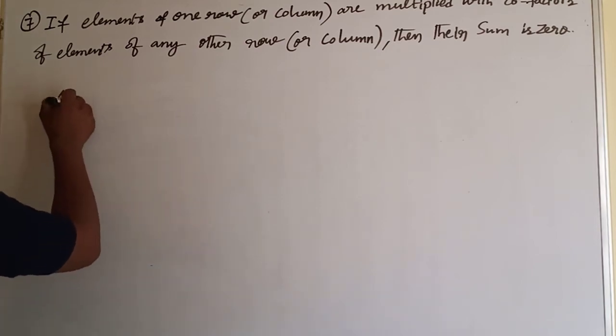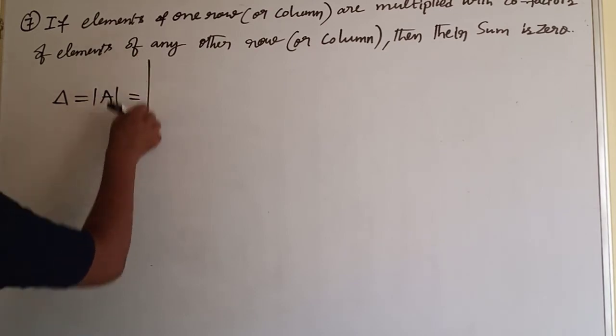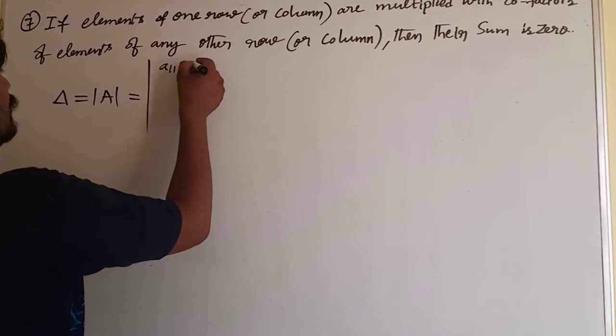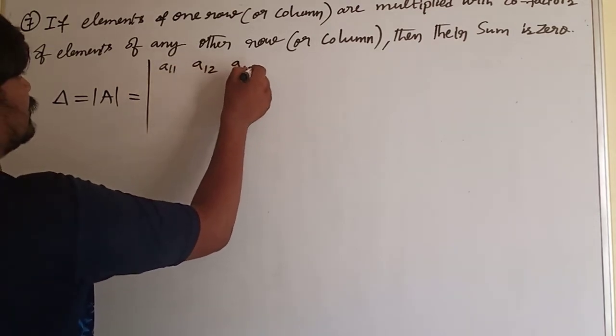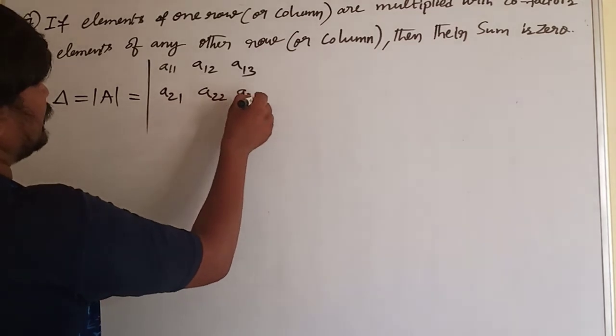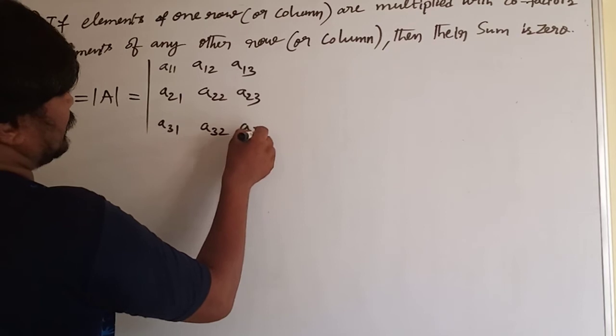My delta, or det A, is equal to A11, A12, A13, A21, A22, A23, A31, A32, A33.